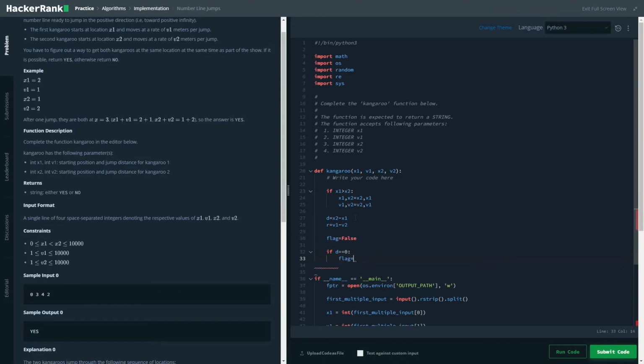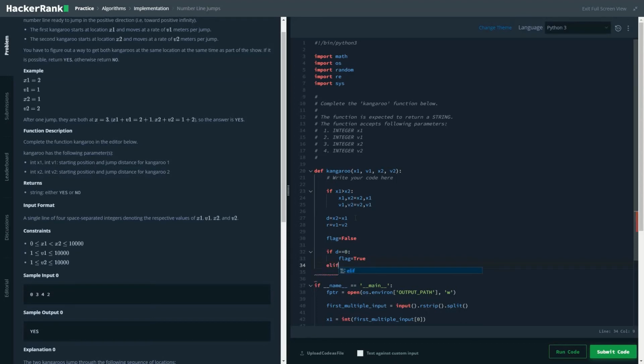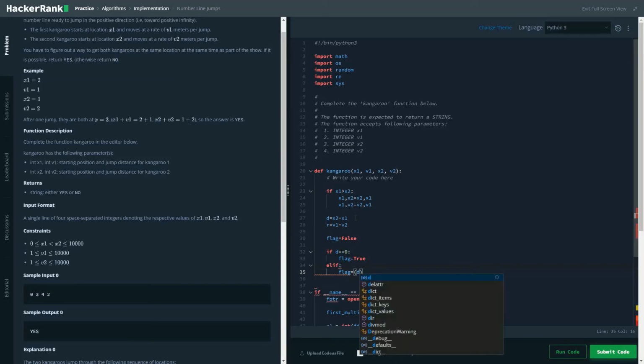The reason being the distance of x1 x2 is the same. And at the next instance, elif flag equal to d percentage, or the remainder, equal to equal. This is a basic mathematical formula.